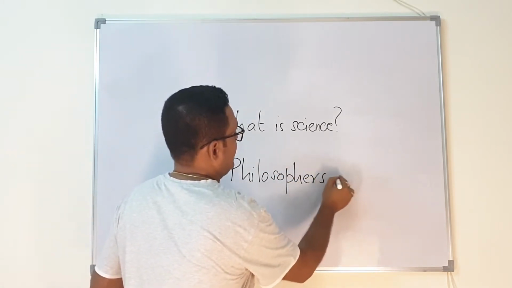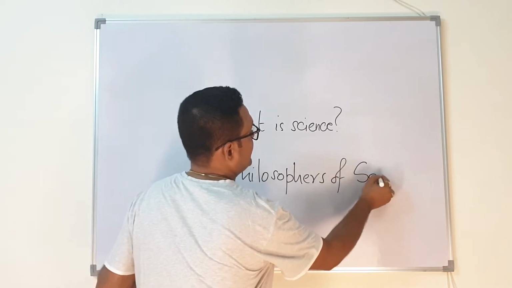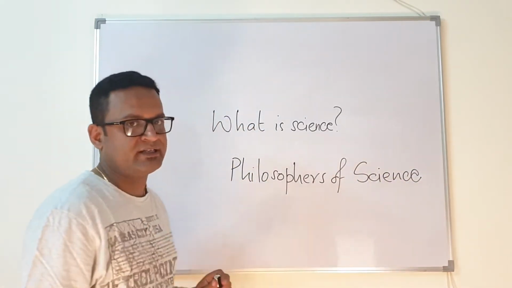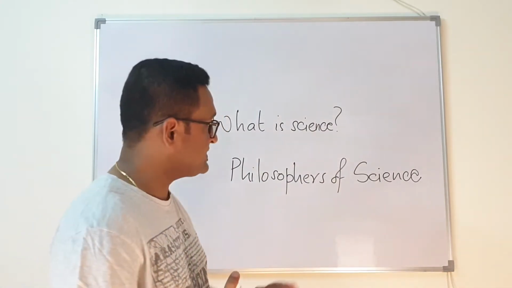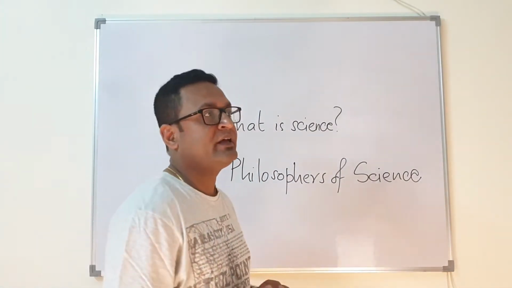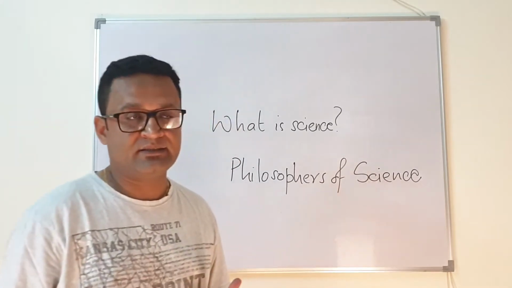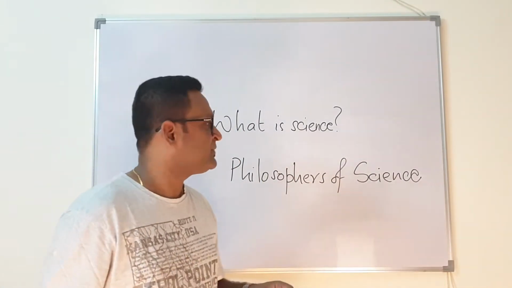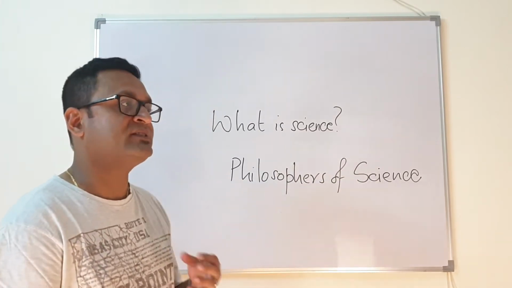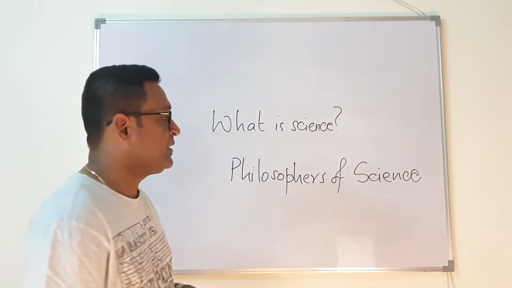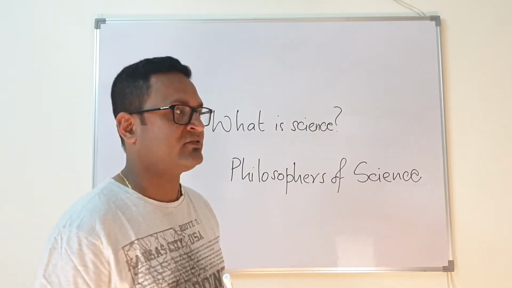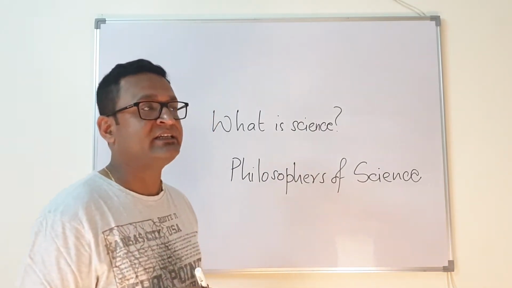Philosophers of science and their contribution came from the mid of the 20th century. That means this concept took currency in the 1950s and so on, right? In the mid 20th century these concepts became very popular precisely because of two very important philosophers of science, whom we will study in detail.